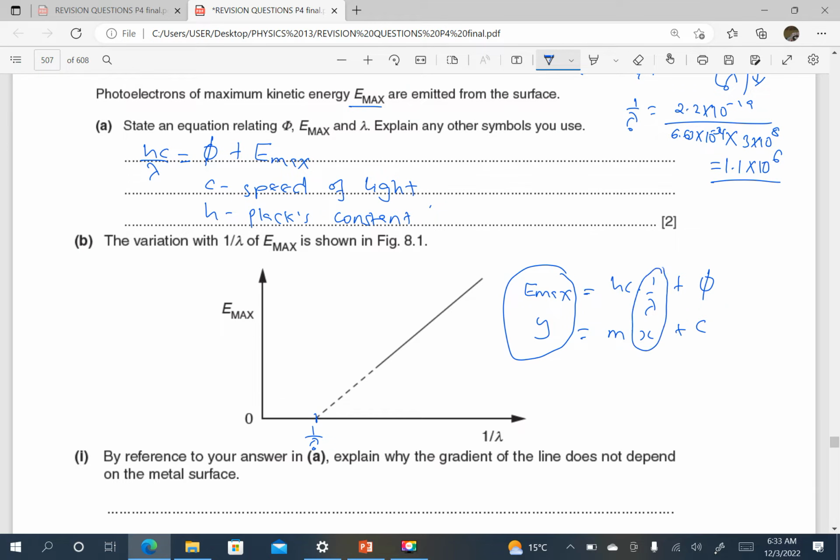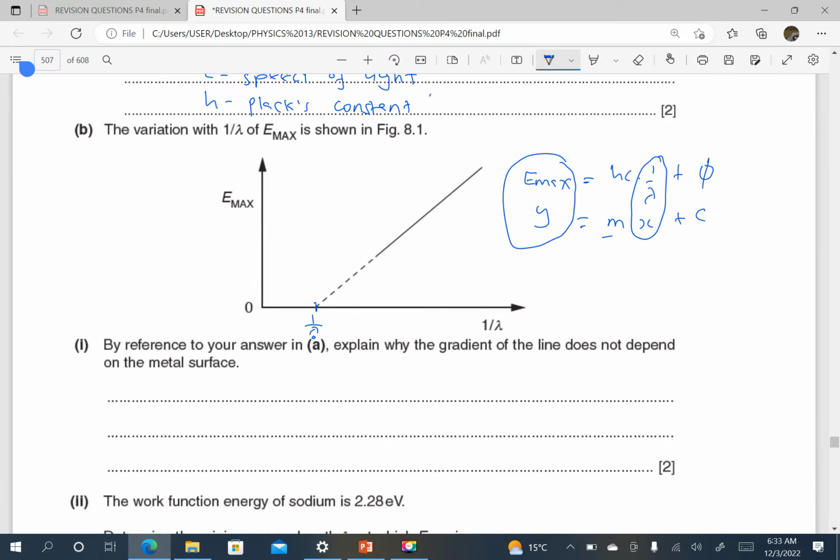On the x-axis, I have 1 over lambda. The gradient is Hc, which is a constant. So the gradient of the line is h times c. And we note that h and c are both constants.